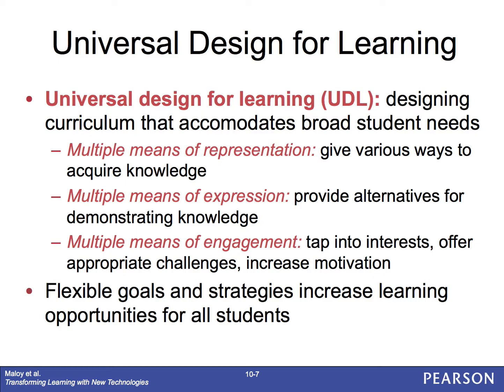That again can be done through the technologies I just mentioned. And flexible goals and strategies increase learning opportunities for all students. So the flexible goal is what you want to strive for. You want to use strategies to reach flexible goals. And flexible goals mean differentiated instruction, basically.